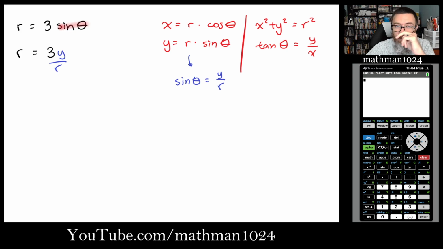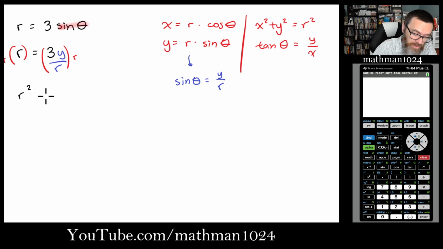So we're almost there. The next part is to multiply both sides of the equation times r, and that just helps us clear out the denominator. So r squared is equal to 3y. Okay, we're almost done. We still have r, but we need to convert that r into x and y.